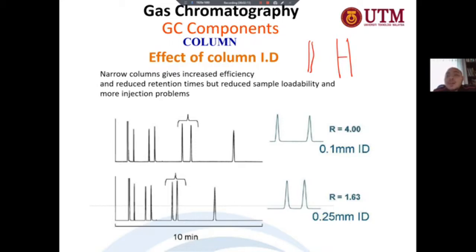When you force a higher volume of sample, it will damage the coating and affect the injection. Later on you will learn about peak tailing and peak splitting, which are the kinds of injection problems that can be faced during injection.